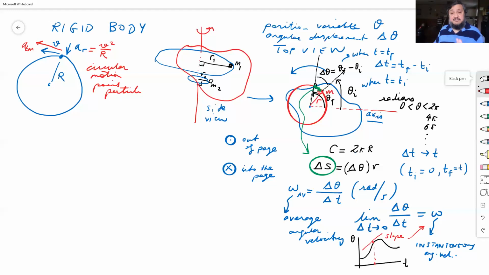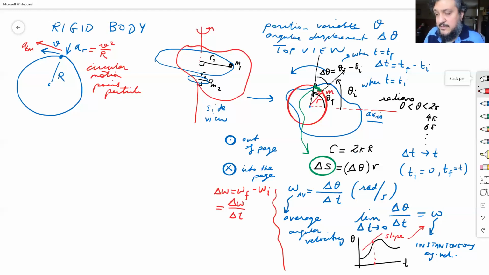Now, what if omega itself is changing? All right, speeding up, slowing down. So what if omega itself is changing? We're talking about a delta omega, which will be omega final minus omega initial. Same idea, we take this and then divide it by delta t.